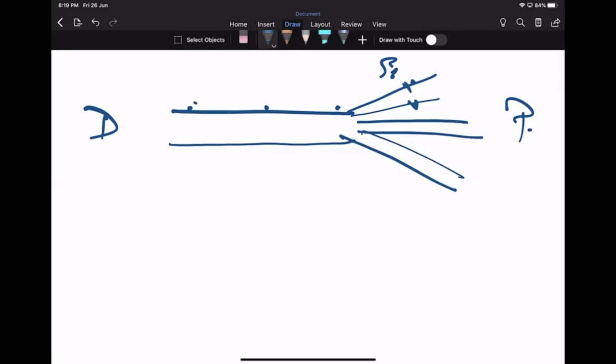Whereas if the punctate stricture is right here, we know that we'll be able to manage quite well with our endoscope, and our stent at the end of the procedure can really bypass the stricture. We keep it for a prolonged period and we know that the patient is fine.